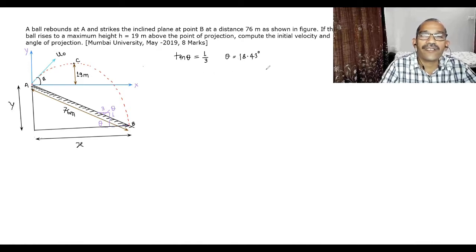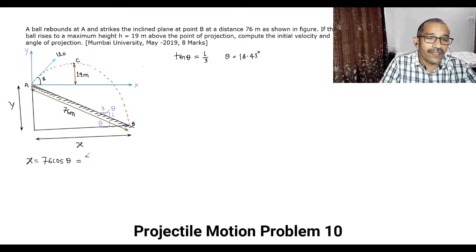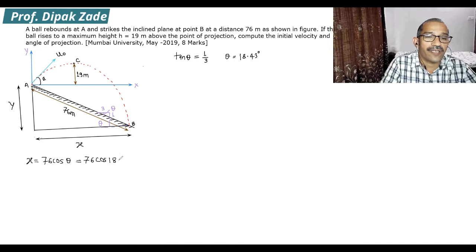So x is nothing but 76 cos theta, since it is the adjacent side. 76 cos of 18.43, calculated using a calculator, comes out to be 72.1 meter.